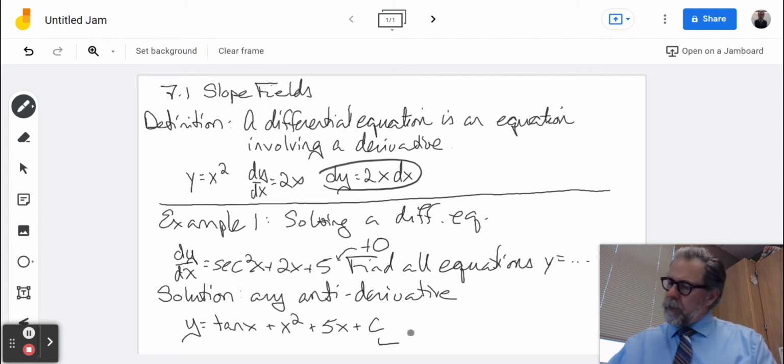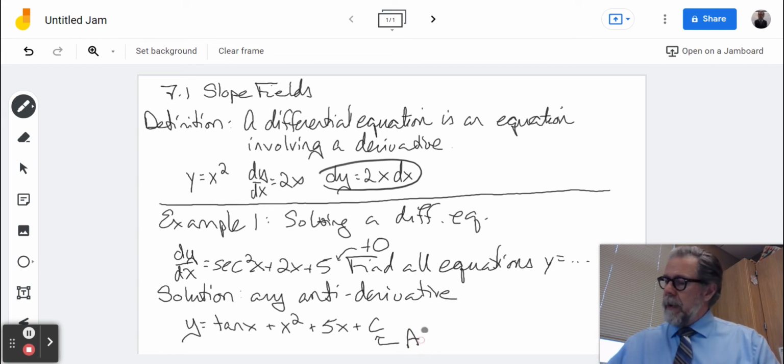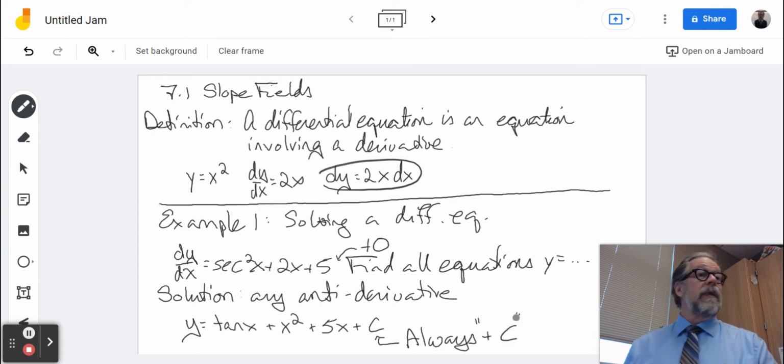Notice that this antiderivative, this function that has a derivative of secant squared plus 2x plus 5, has to have a constant on the end, because there are going to be, and we'll see this a little bit later, an infinite number of possible functions that would have that derivative. We'll go into more details about that later, but always plus c when finding an antiderivative. All right.